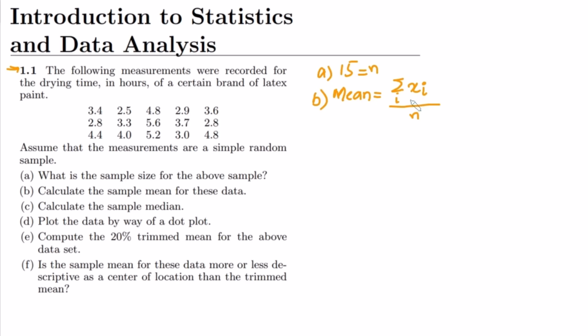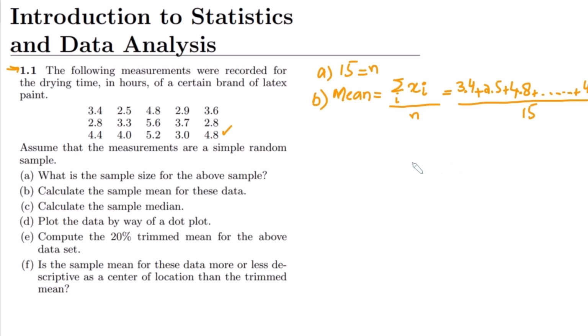So I have to sum them all together: 3.4 plus 2.5 plus 4.8, and so on up to the final sample, which is 4.8, and divide by n, which is 15.